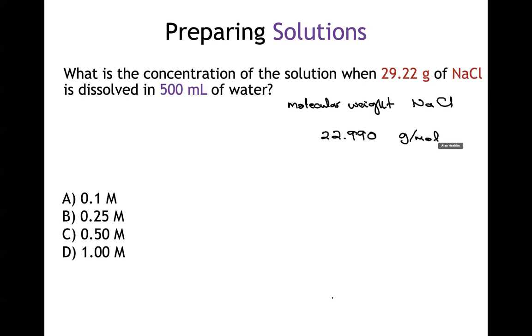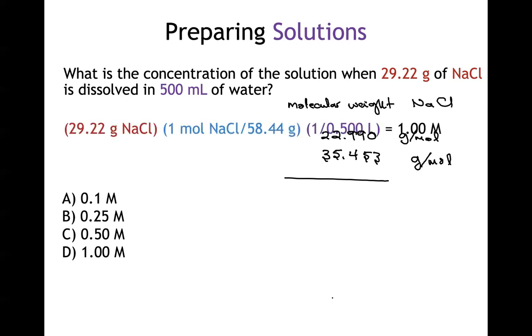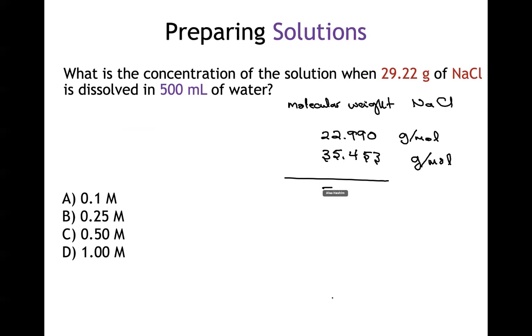Chlorine is 35.453, again, grams per mole. And if we add it up, we just did it a little bit ago, we're going to get 58.44 grams per mole of sodium chloride.